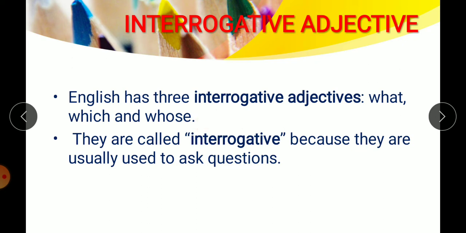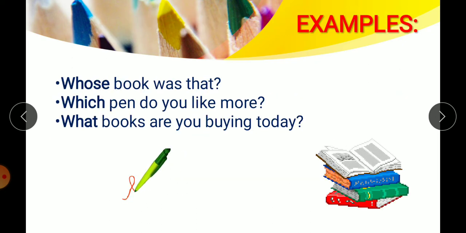Right? Now, whose book was that? So whose. Which pen do you like more? Which. What book are you buying today? What. So again the same thing. Just see which, whose, what.